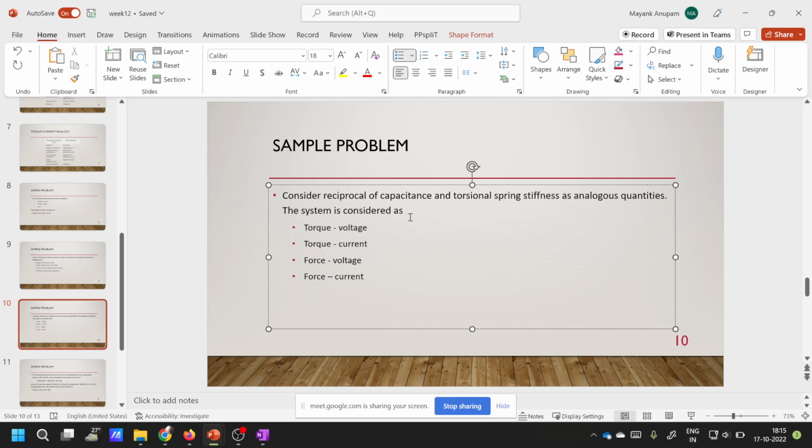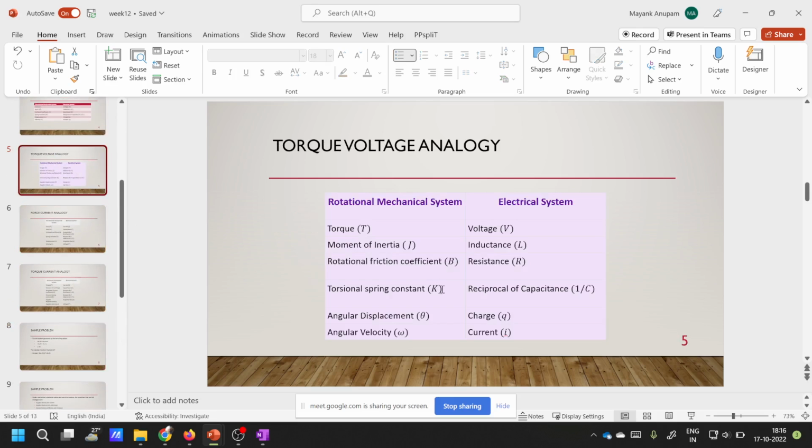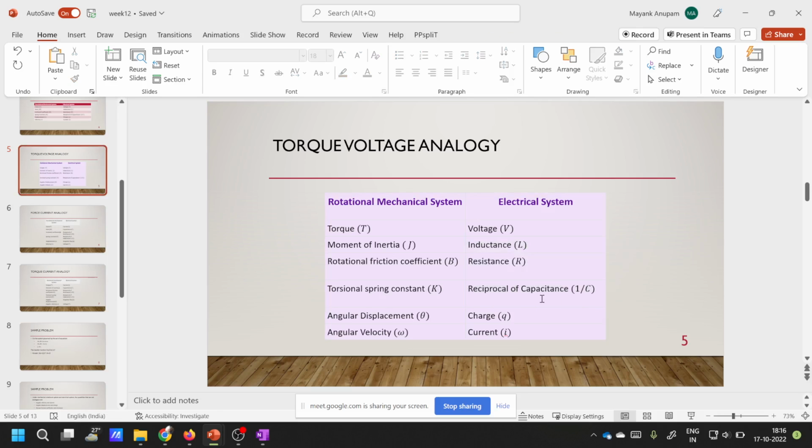So the torsional spring stiffness is analogous to reciprocal of capacitance, or 1 over C, in which case it is in torque voltage only, right? In this case, you see the torsional spring constant K is indeed analogous to reciprocal of capacitance 1 over C, right? This is torque voltage analogy.